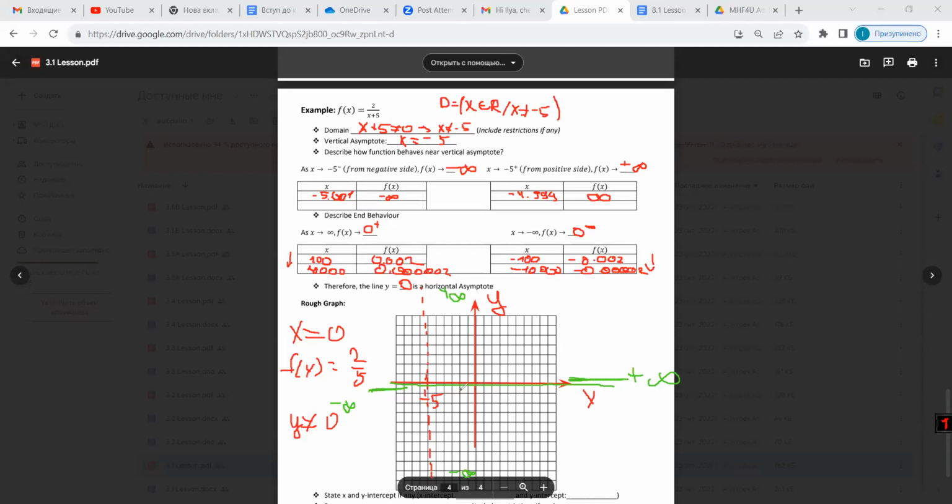Also, we know the y-intercept, 2/5. Let's say somewhere here, 2/5. So the graph passes through this point. From the left-hand side it comes from negative infinity of x close to the x-axis, then bends like this, not crossing the vertical asymptote.